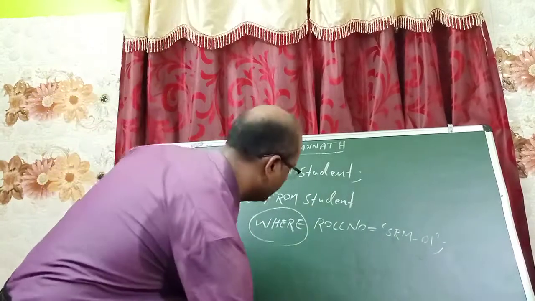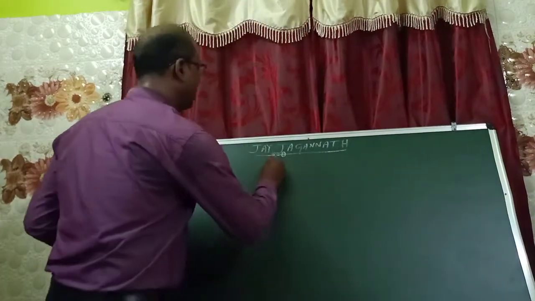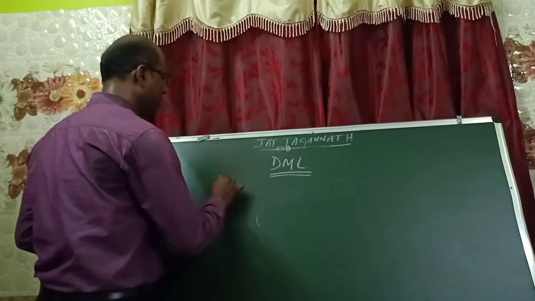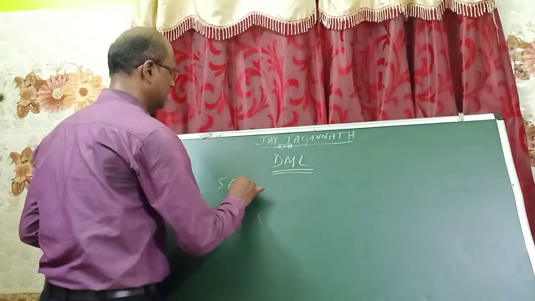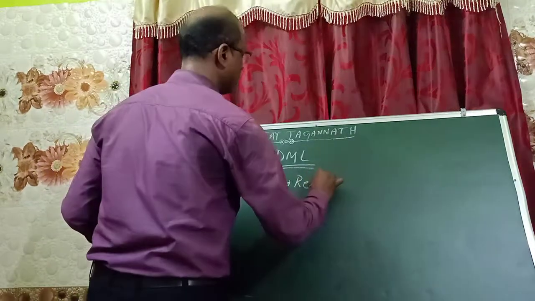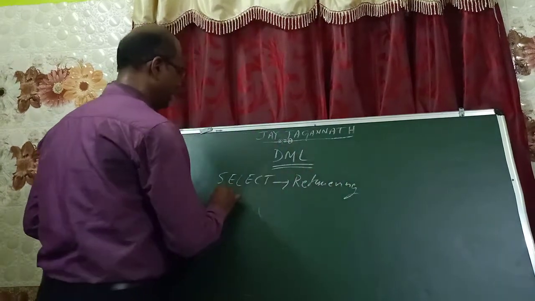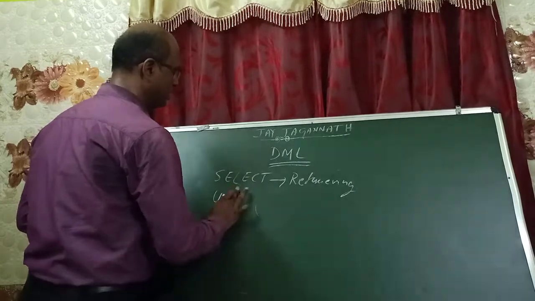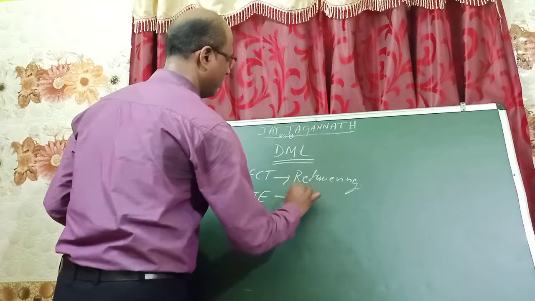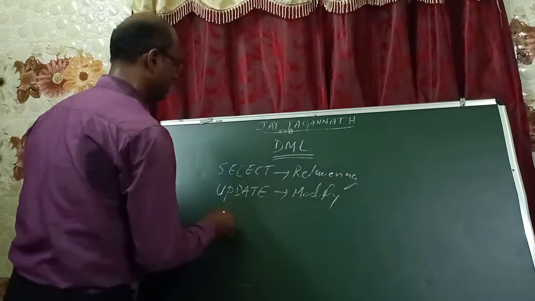Then in DML, one review we can do here. In DML, we use some commands. Select command is used for retrieving purpose. Update command we use for modifying purpose.